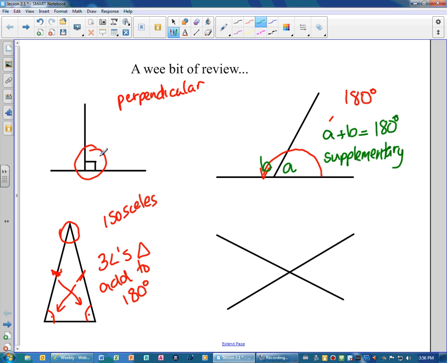Let's go back here to this 90-degree angle because there's something else I can tell you about that. So if 2 angles add up to 180, they're supplementary.